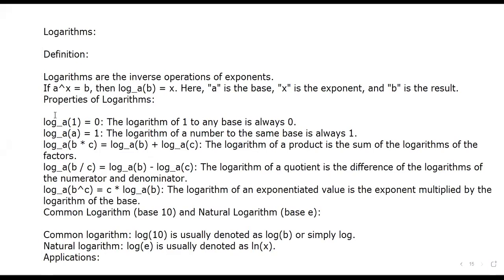If you have log 8 base 2 is equal to 3, to force this to be an exponent, 8 should be equal to what? 2 to the power 3.